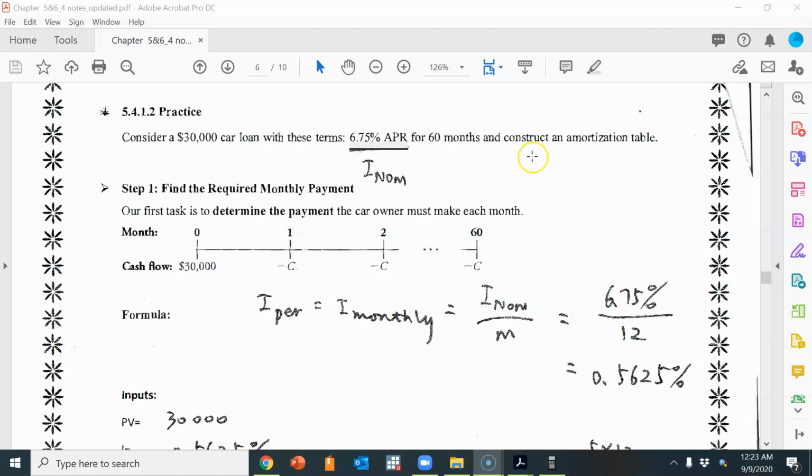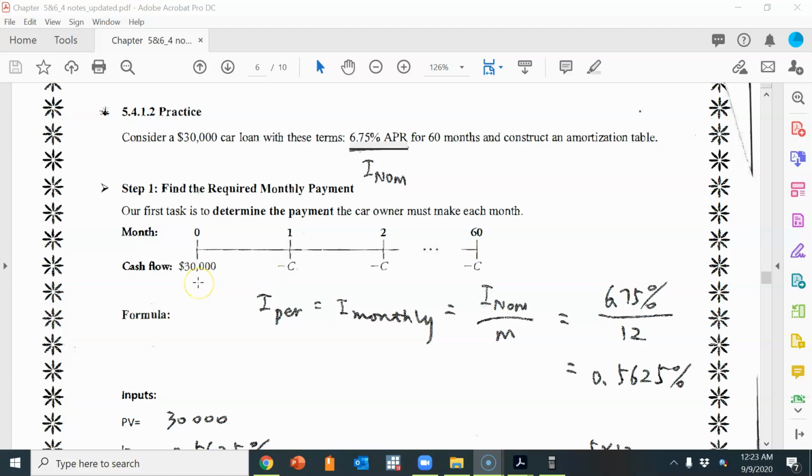As you can see in the updated notes, the first step for us is to find the required monthly payment. You can see in this timeline that we're trying to determine the payment we're making each month. So we're marking 60 months on the timeline from time 0, 1, 2, 3 to 60, which stands for 60 months.